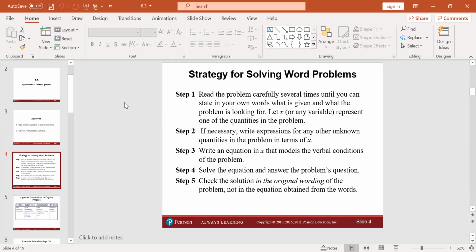Now make sure that the solution you find works in the original context of the problem. So if you're solving a problem later on in the semester, and it asks you for your house payment if you were to buy a $200,000 house with so much down payment, your interest rate is 4%, and you end up with a house payment of 23 cents per month.